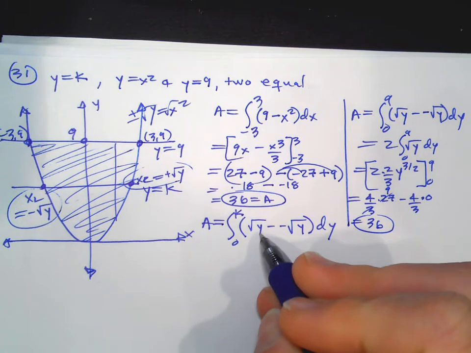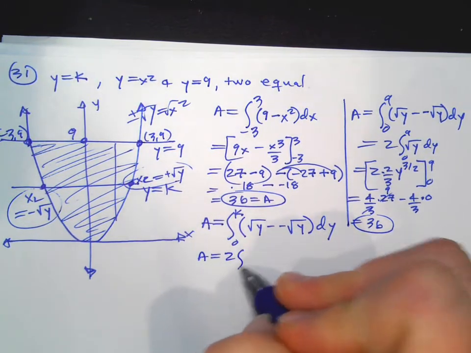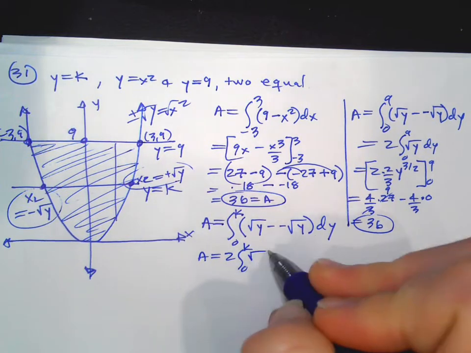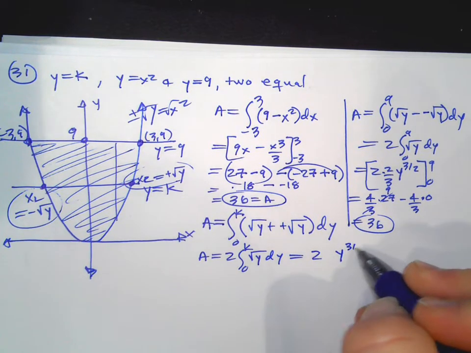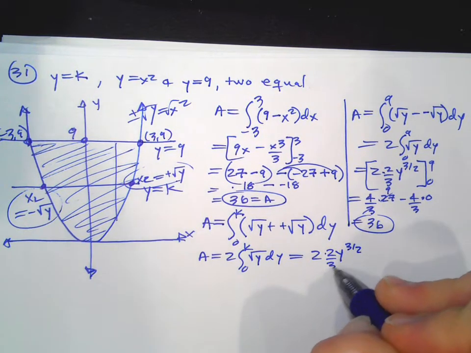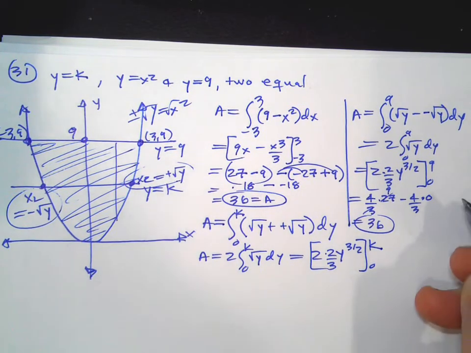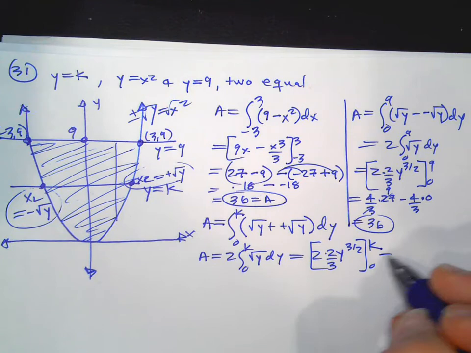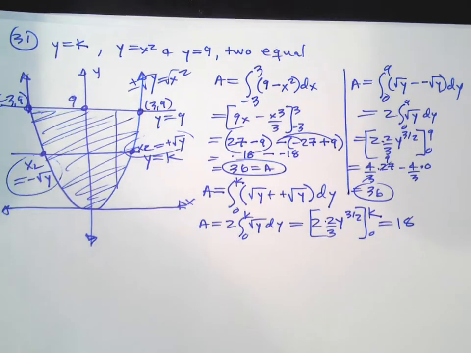Now we're going to do the same thing, 0 to k. So it's going to be 2, 0 to k, square root of y. Antiderivative is going to be y to 3/2 divided by the new exponent, 2/3. Right? We're going to set it equal to half of the area. Half of 36 is 18.